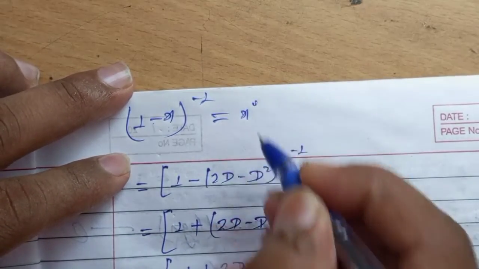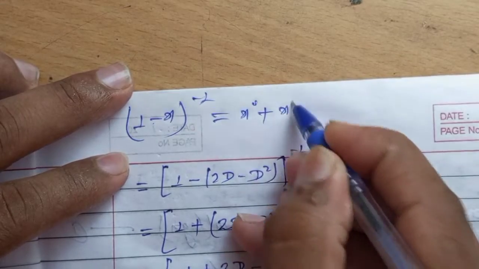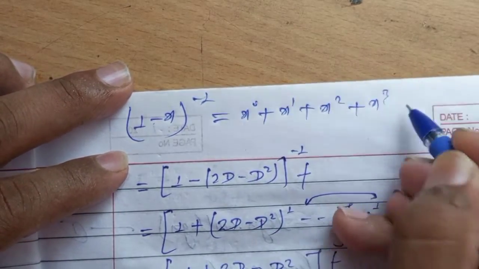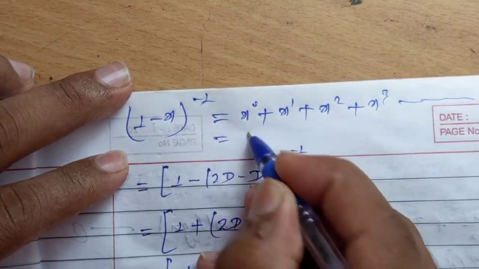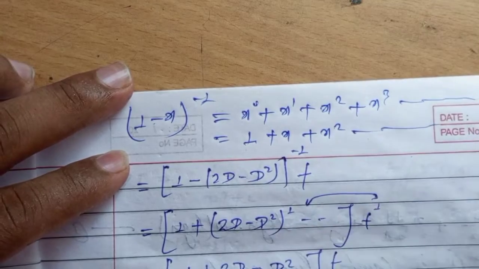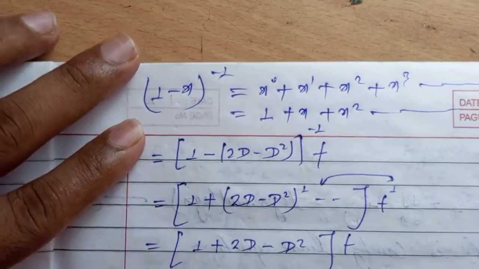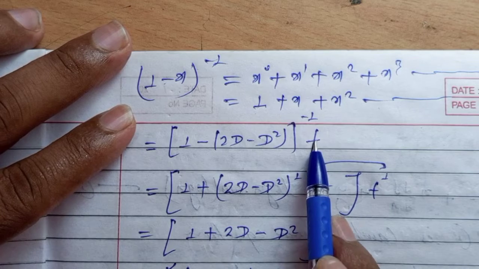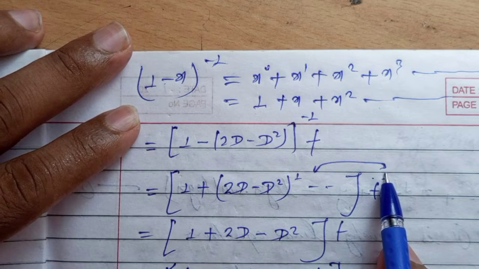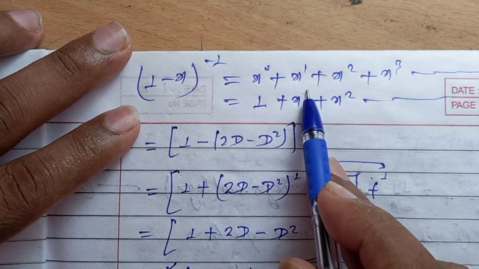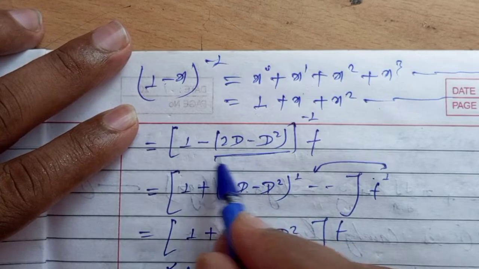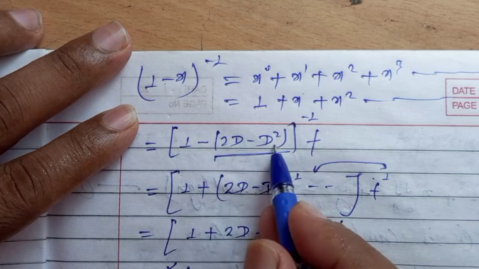Means here we write x to the power 0 plus x to the power 1 plus x to the power 2 plus x to the power 3 and so on. Similarly, x to the power 0 means 1, plus x square as usual. And we know that here t has maximum power 1, so we will take terms only up to x to the power 1, and we will consider this total term as x, and this is 1 minus x.